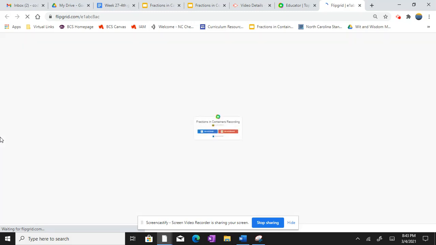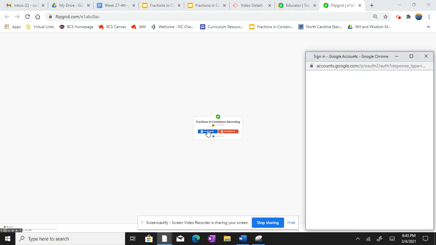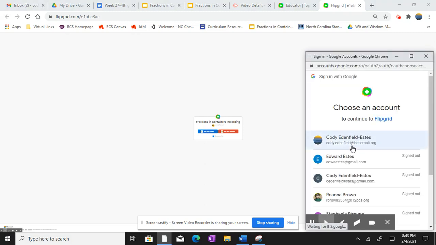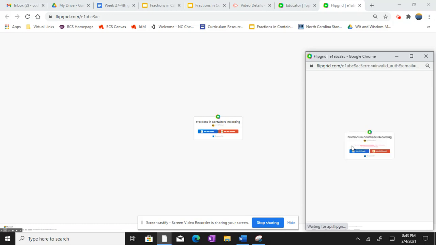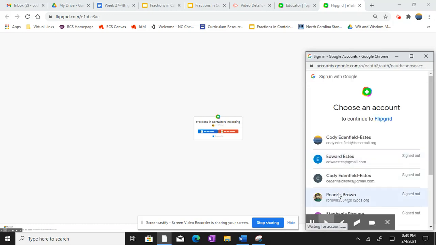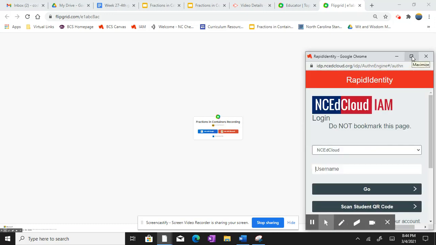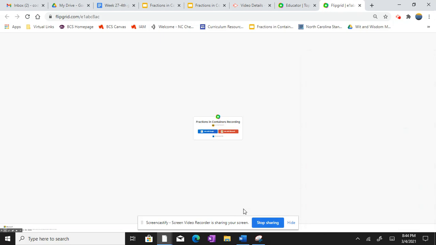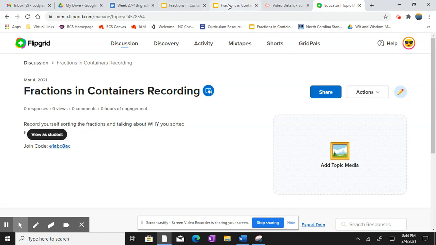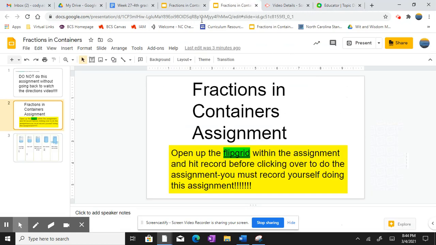And right when you hit record, you're going to click back over. And once you hit record on the flip grid, you are going to click back over and you are going to do the fractions in containers assignment.